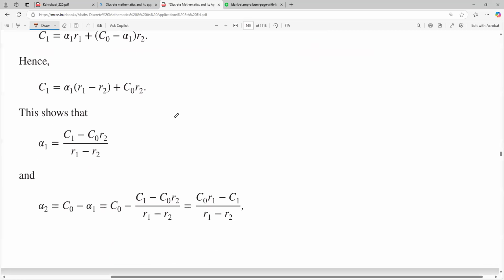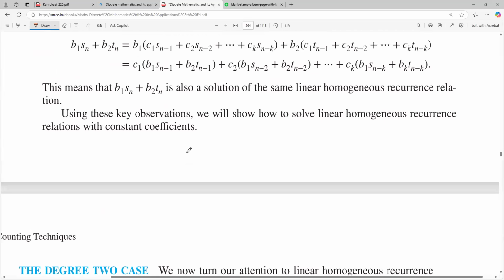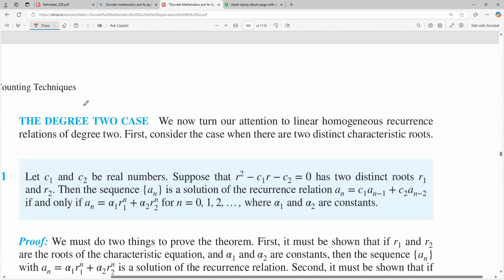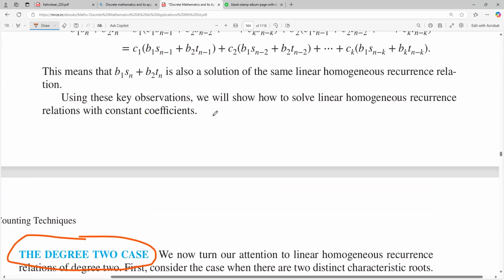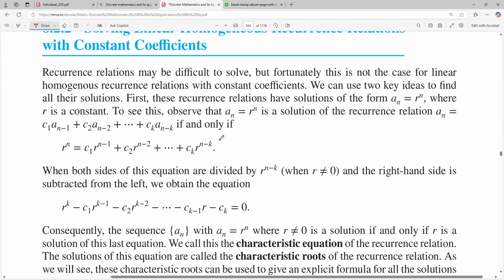So the whole idea is that we have this recurrence relation. In most cases it's going to be the 2-degree, though here they get multiple degrees. So we have a recurrence relation a of n is equal to C1 a n minus 1 plus C2 a n minus 2, and so on. We focus on the constants, C1, C2, up until Ck.